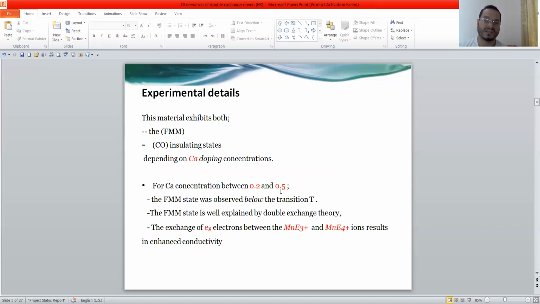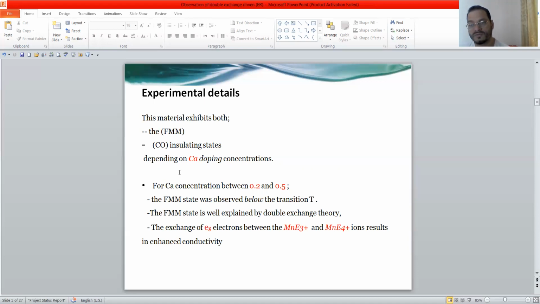Now, the material exhibits both the ferromagnetic material and charge ordering insulating states, dependent on what? Actually, dependent on the calcium concentration in this structure. For calcium concentration between 0.2 until 0.5, we note the ferromagnetic material state was observed below the transition temperature.